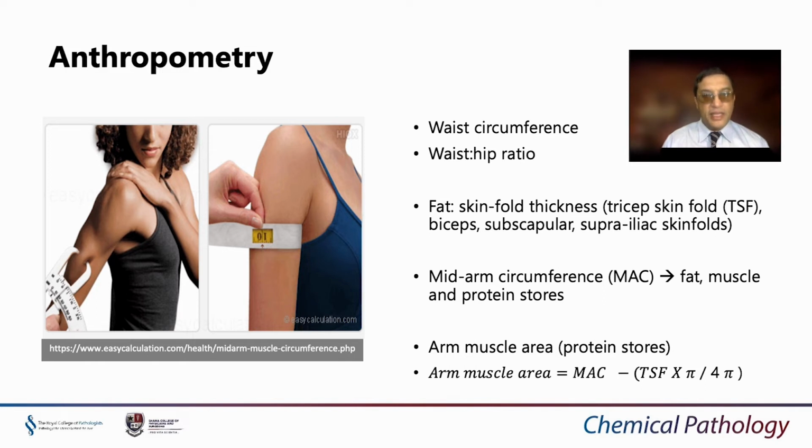Mid-arm circumference can be measured as well to assess fat, muscle, and protein stores. This parameter is easily accessible, however, responds slower to changes in mass and is prone to measurement error. The arm muscle area can be calculated by utilizing the MAC and TSF variables.